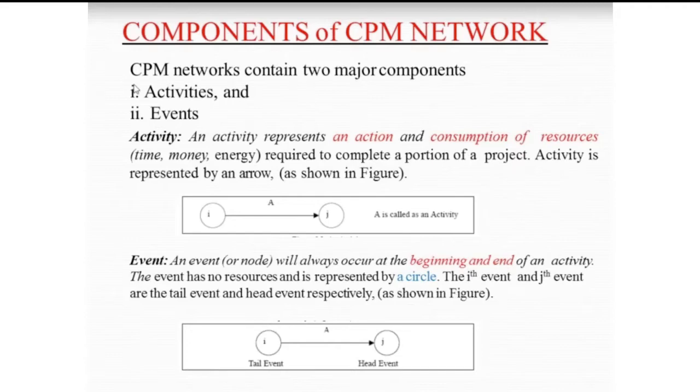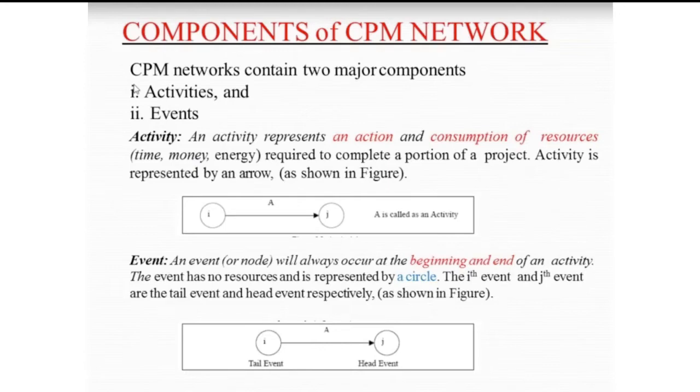You need the action and the resources to be able to complete a portion of a project. In our graphical view, it is represented by an arrow. In the rectangular box, you will see that the arrow is noted by letter A, which is called an activity.